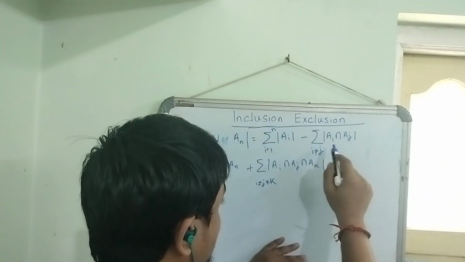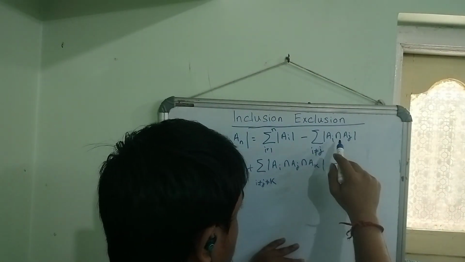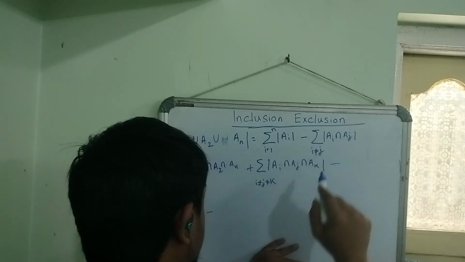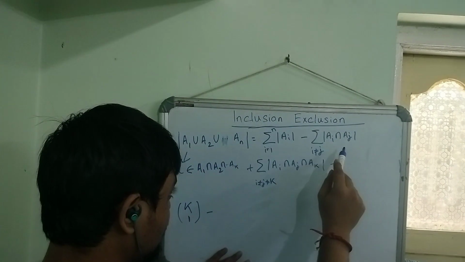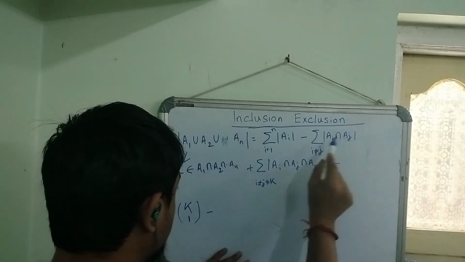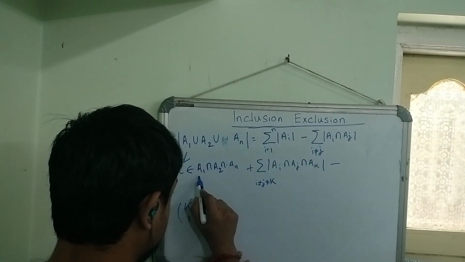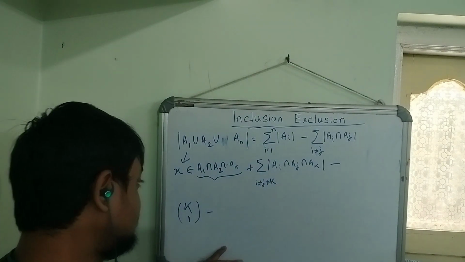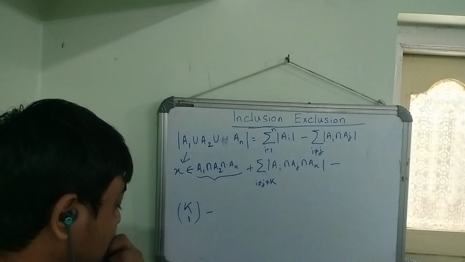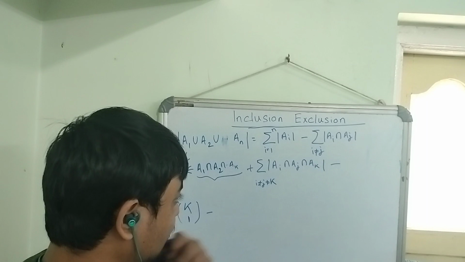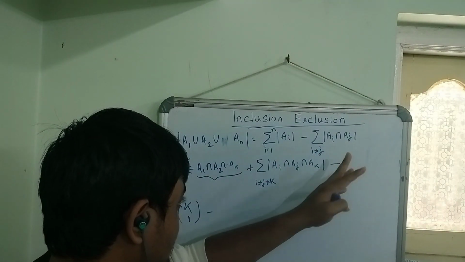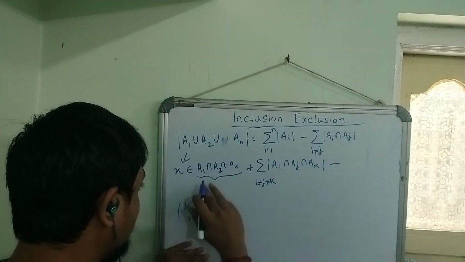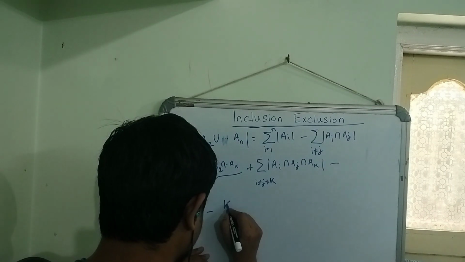It will only be present in ai intersection aj if ai and aj both belong to this a1 to ak. And i and j are distinct, you cannot take the same. So how many times will it occur?